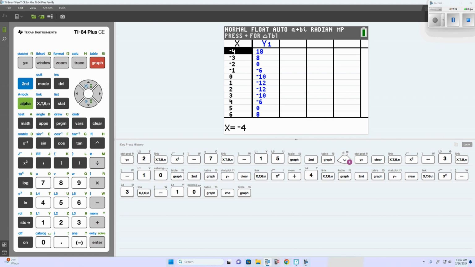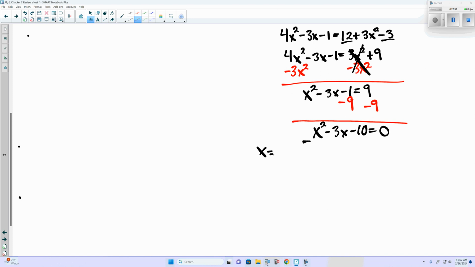And those x values are negative 2 and 5. So here x is equal to negative 2, and x is equal to 5. So at that point, I would graph it. Is either one of those our restrictions? No. So those are our two solutions.